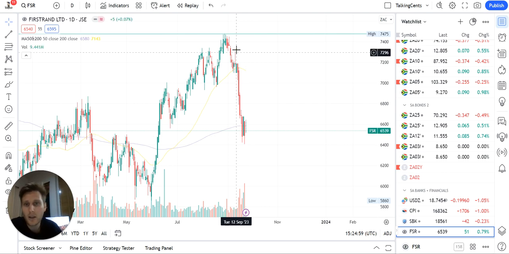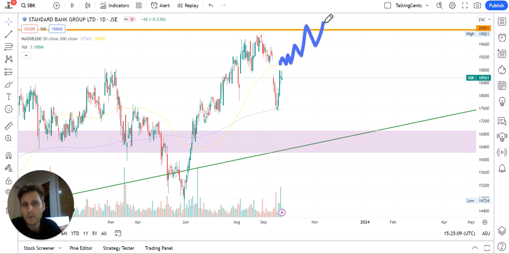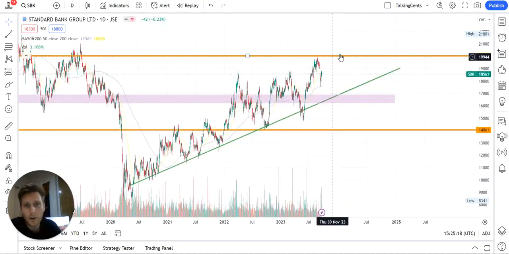What's different is that First Rand hasn't had a recovery as Standard Bank has. Standard Bank is trying to close that gap, and if it can reclaim that 50-day moving average and stay above it, then most likely we're going to reach new 52-week highs. And the 52-week high on this chart is the orange one above, the 52-week low is the orange one below.